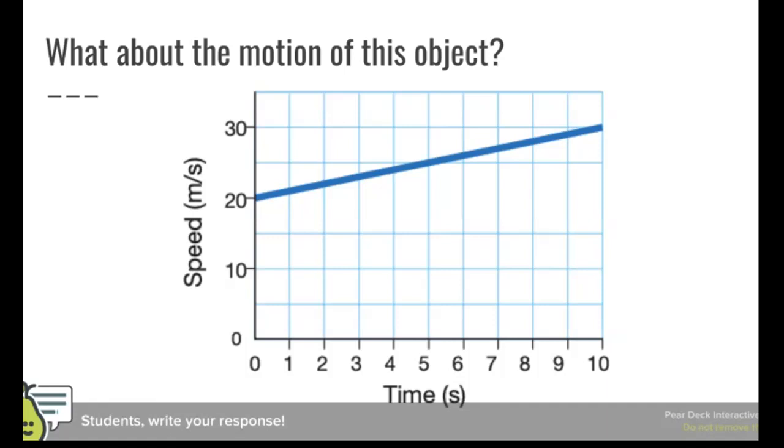Sydney, what's going on? Okay, speed is increasing. Thank you. And Shanvita. The graph shows that the speed is increasing. Okay, good. So we see the slope of the line is going up. The speed is also going up, okay?